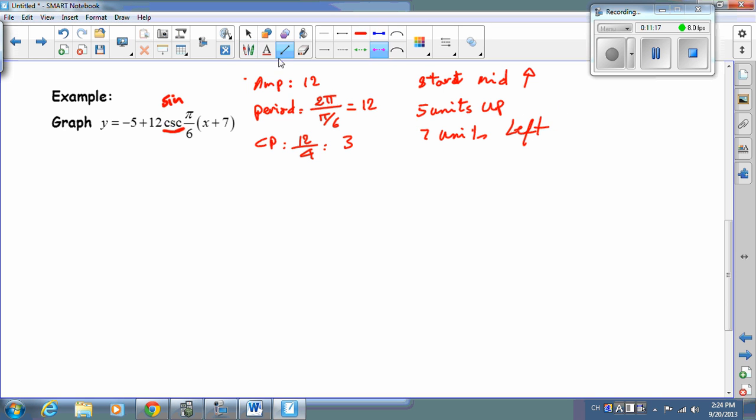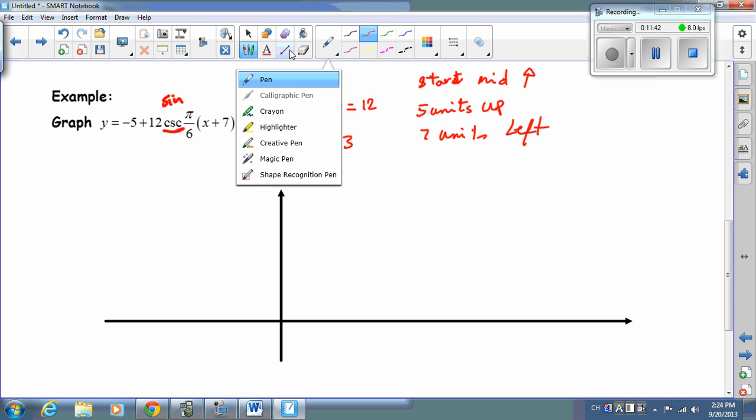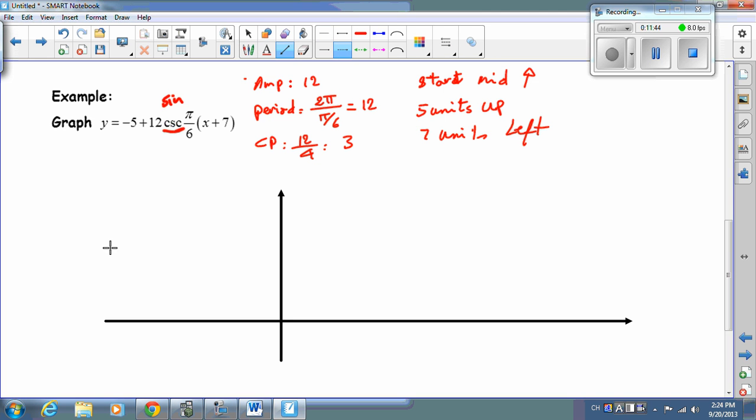Let's go ahead and try to graph this function. I will start by graphing my axis. Because I will go 5 units up and 7 to the left, I will graph my axis kind of low and give myself some room to go 7 units to the left. And the critical point is 3. Now, let's start by graphing our 5 units up. 5 units up would be somewhere here.